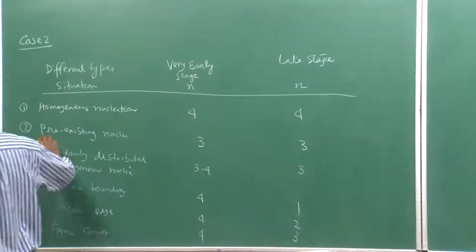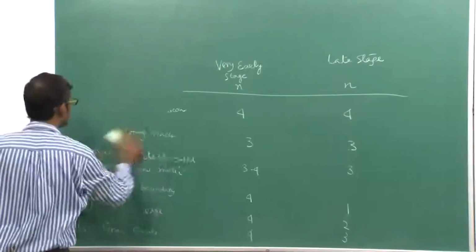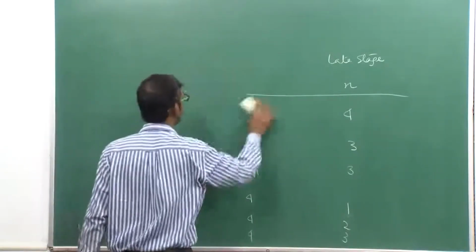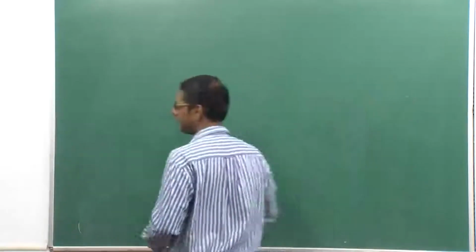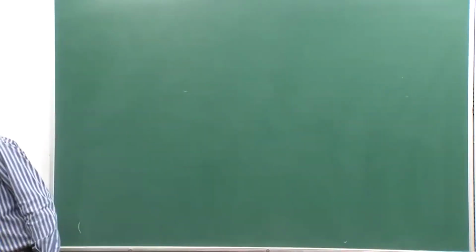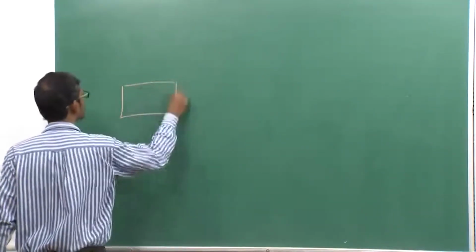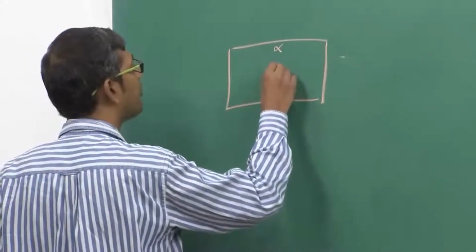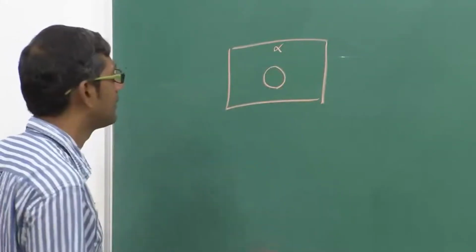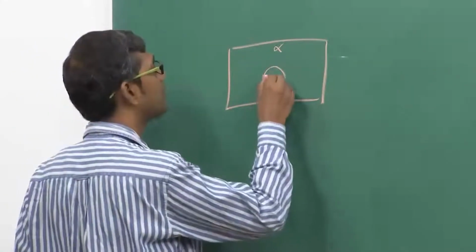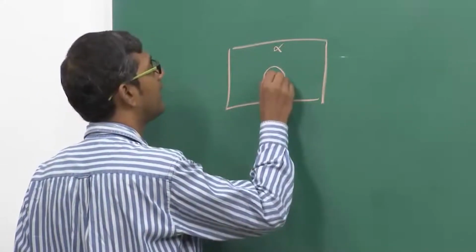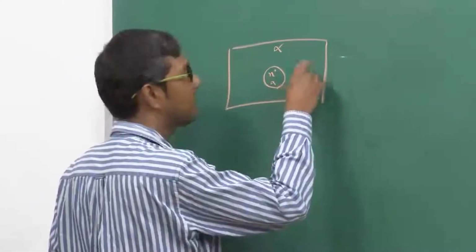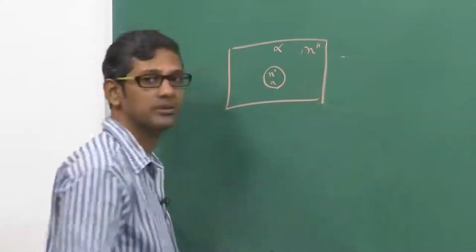Let us take a classical situation in which I have a very big grain of alpha phase, and suppose inside that I have a small grain, which is also alpha, and it has n prime number of moles, and the rest of the alpha has n double prime number of moles, correct.